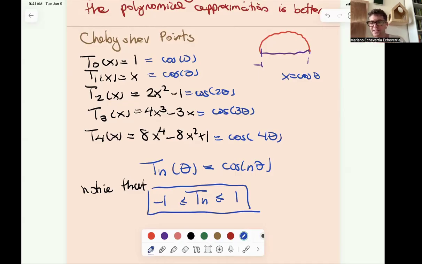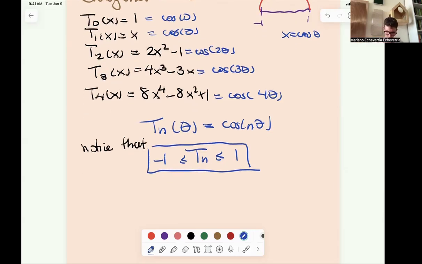And so the Chebyshev points are just the points where the Chebyshev polynomials assume their max and min. They will actually be the absolute max and min of the Chebyshev polynomials on this interval.